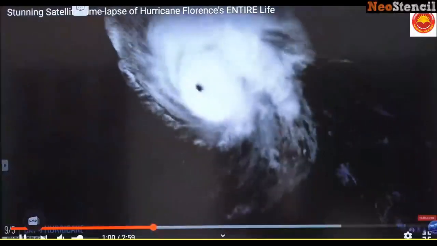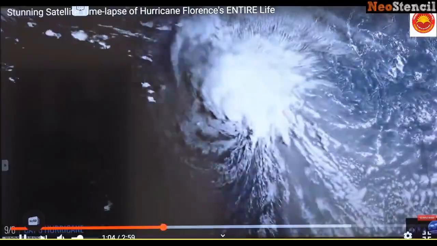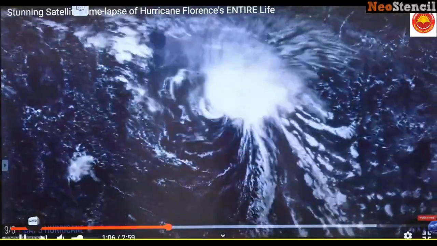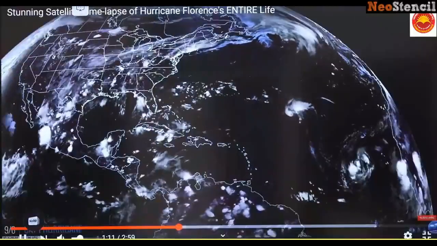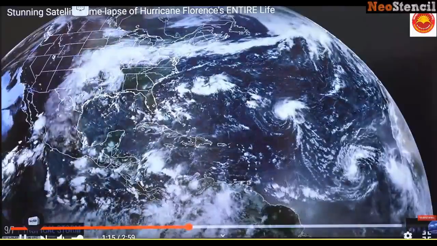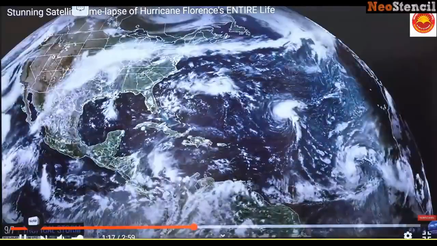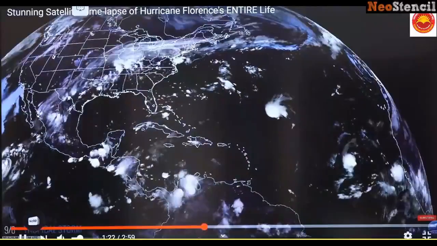Just look at the eye, that center, and the swirling clouds again. How it moves on the ocean surface. And you can see that a number of cyclones are born together and they move in a particular direction.